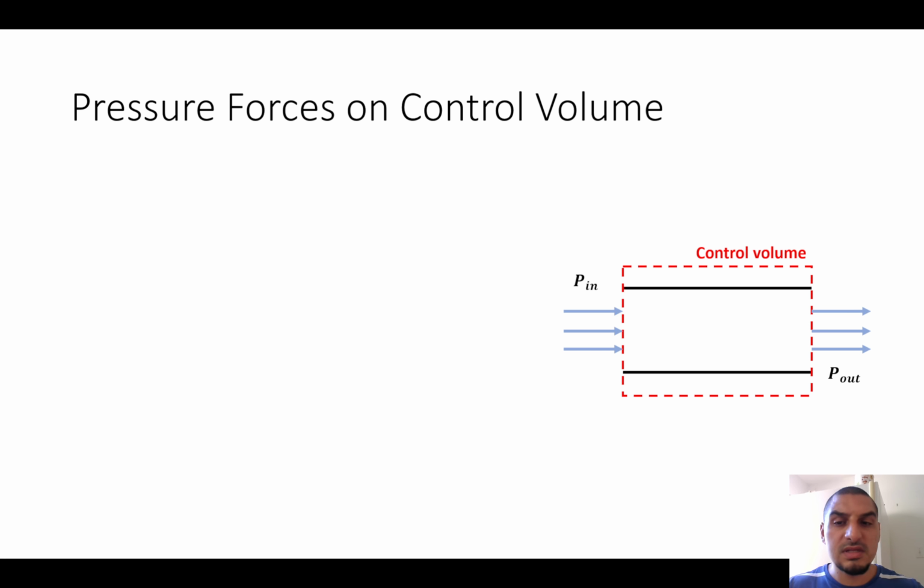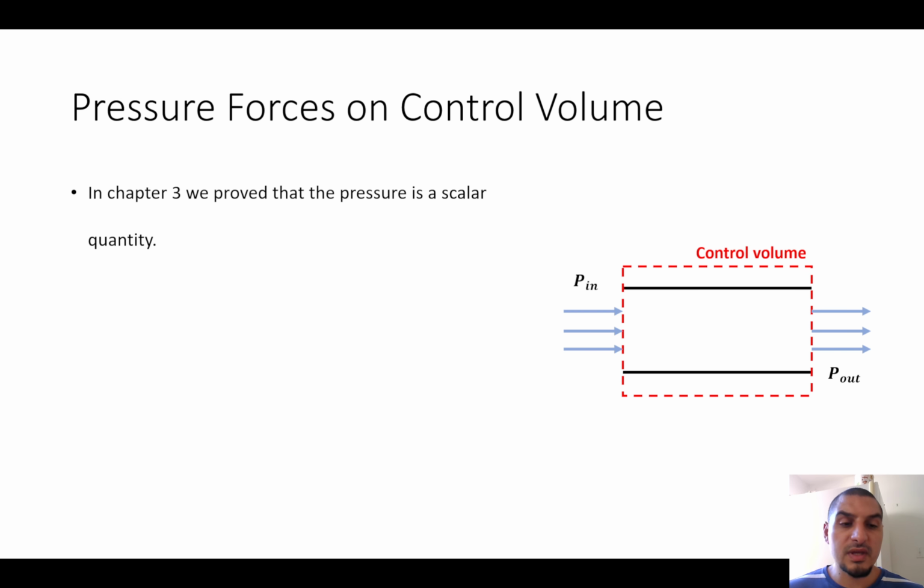The second point, an important point, is the pressure forces on the control volume. Let's say we have a pipe where fluid is flowing from this direction. This is the inner flow with pressure P in, and there is the outer flow on the right side with pressure P out. We want to write the expression for the forces acting on the control surface.